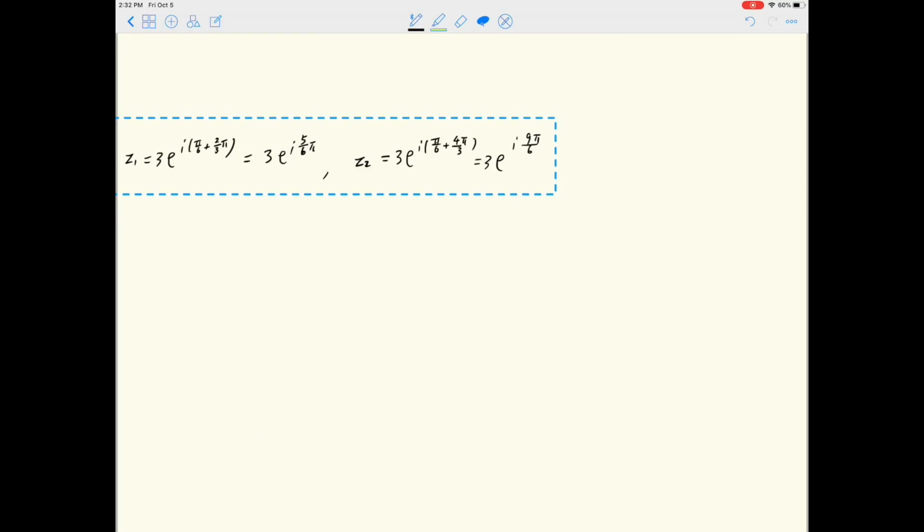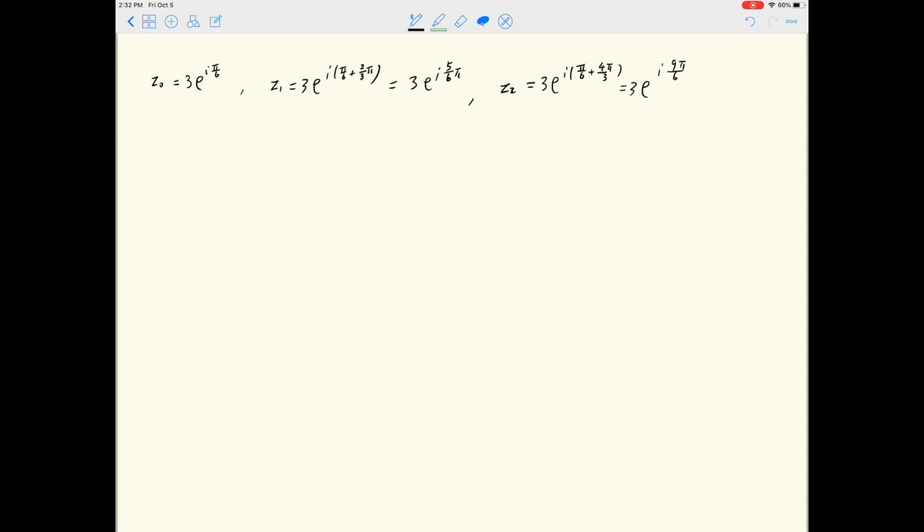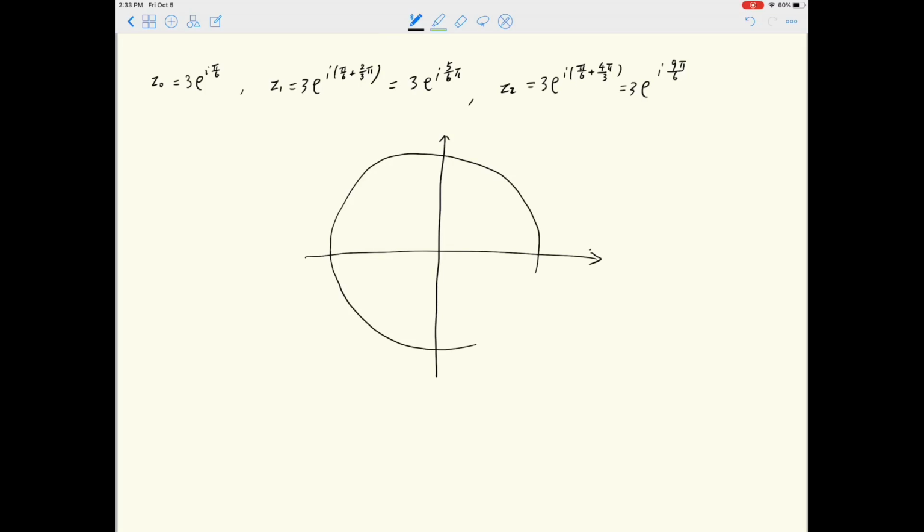Now I copy them over to this page because I would like to put them on the complex plane. They all have radius 3, so they are all going to be on this circle. The first one has a phase angle of pi over 6, so it's about here, z0.